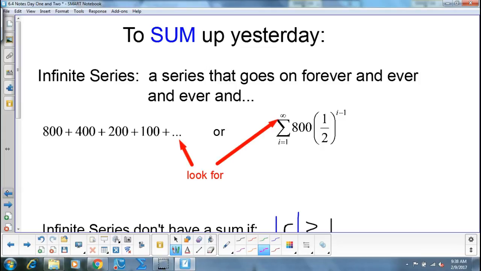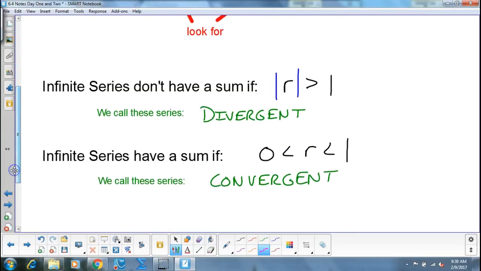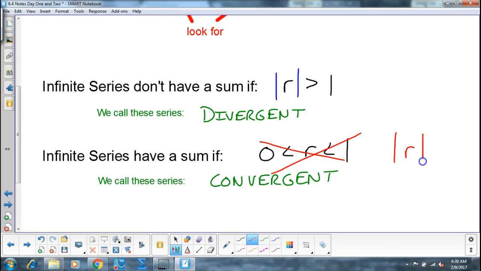So we can go back here and we can amend this r value to now say that the absolute value of r has to be less than 1. So what that means is r has to be between negative 1 and positive 1, but r can't be 0.